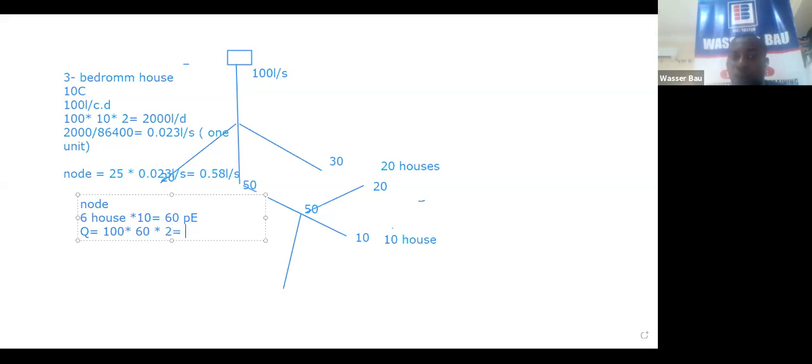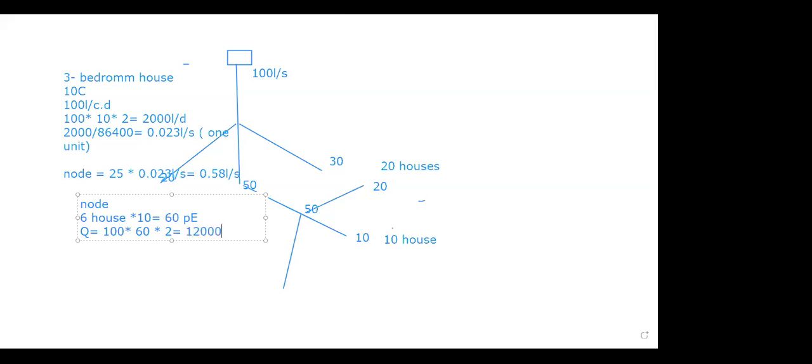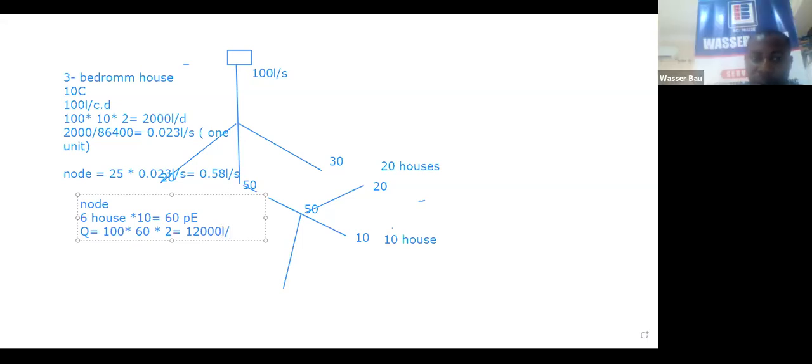That will give me the value for node 6, and that will be 12,000 liters per day.